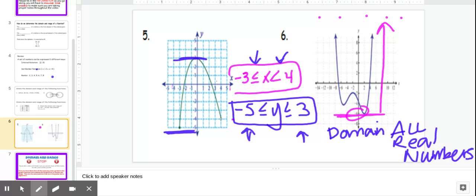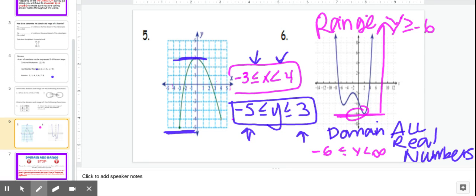So you can either state that -6 is the smallest y, and it goes all the way up to infinity like that. Or you could just state that the range is greater than or equal to -6. That's another way to use it, or say it using inequality notation.